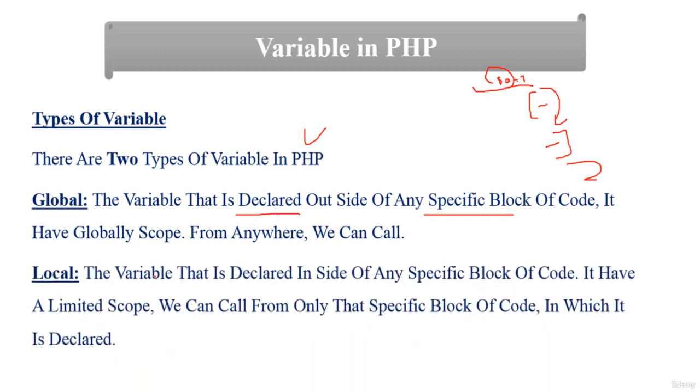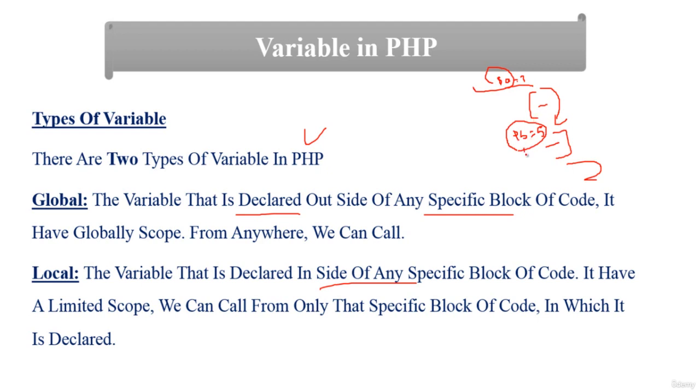Now the local variable is a variable that is declared inside of a specific block of code. It has a limited scope. We can call it only from that specific block of code in which it is declared. For example, I declare a variable with name b and its value is 5. Now in this case it has a limited scope, not a global scope, because this variable belongs to this specific block of code.